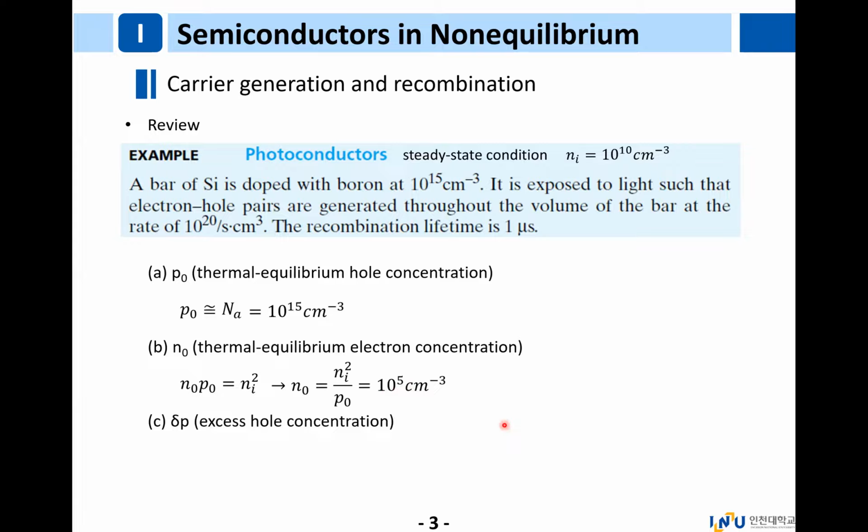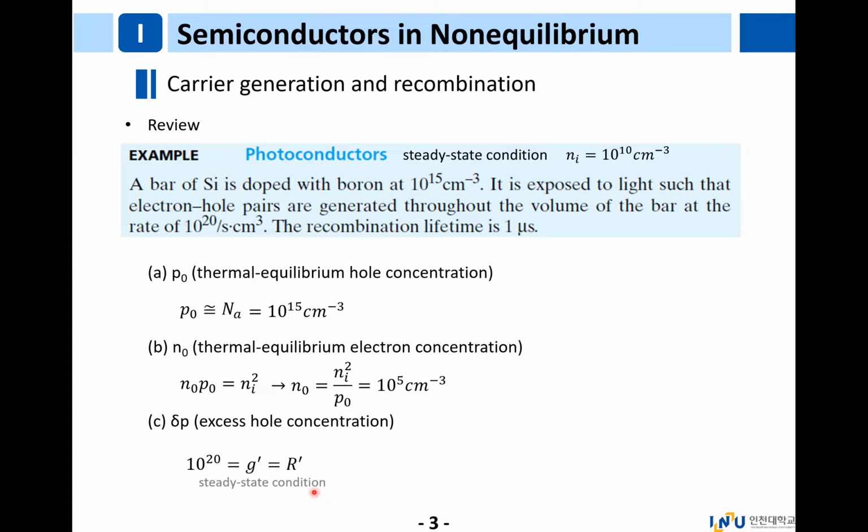And next, for the excess carrier concentration, we just assume the steady state condition. So the generation rate and recombination rate are equal to 10^20.